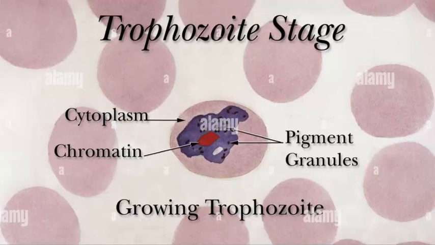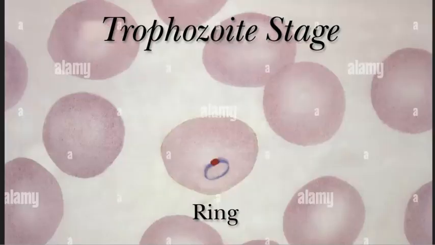You can see there's a presence of a pigment in the parasite. So this is a growing trophozoite, but you're going to end up with a smaller ring structure we're going to look at in just a second. Here's a better image of what the ring structure of the mature trophozoite stage looks like.